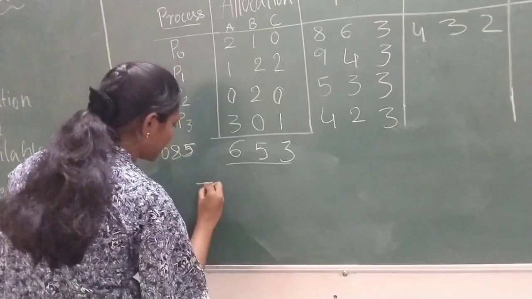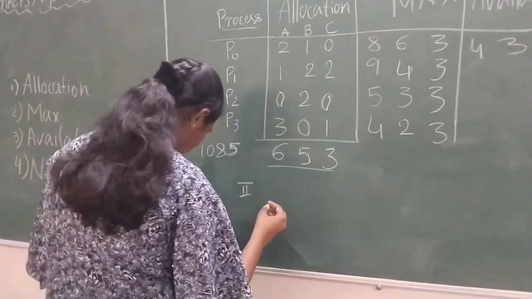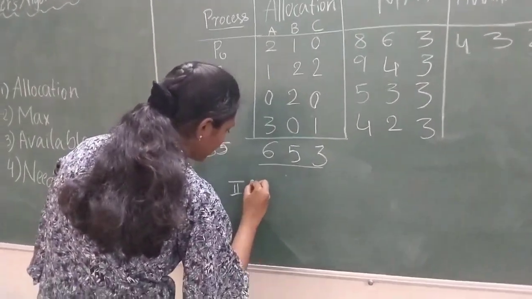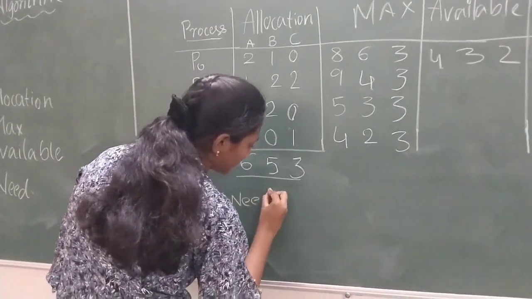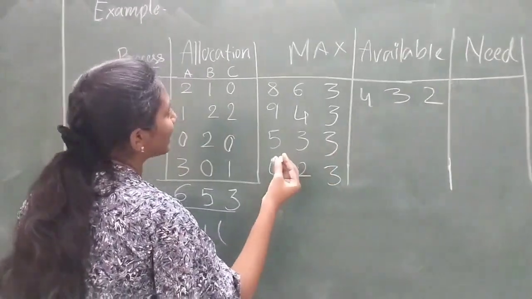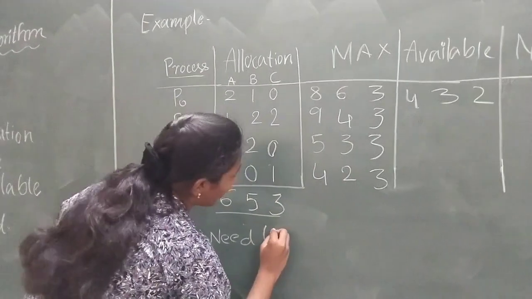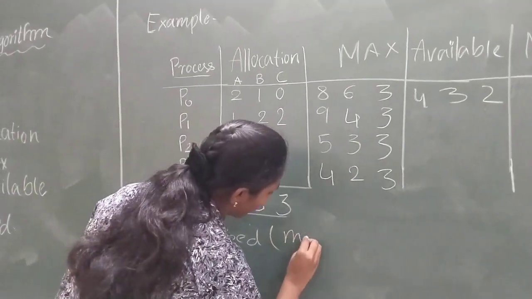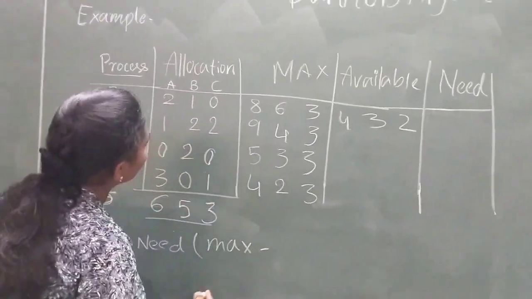So the second step is need. We have to calculate the need. To calculate the need, we have to subtract max minus allocation.